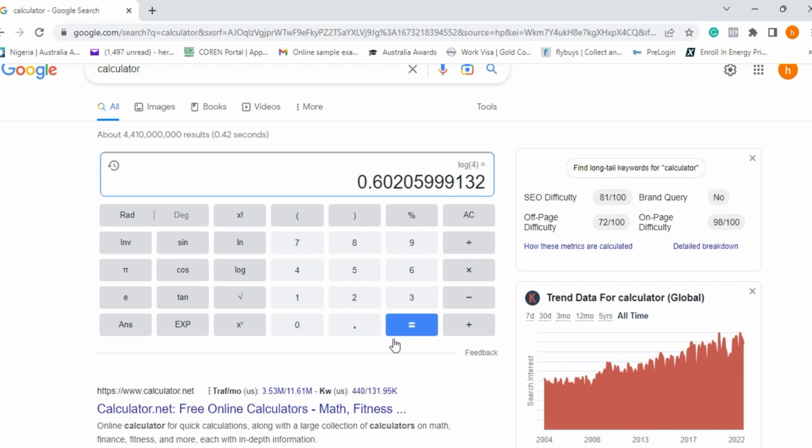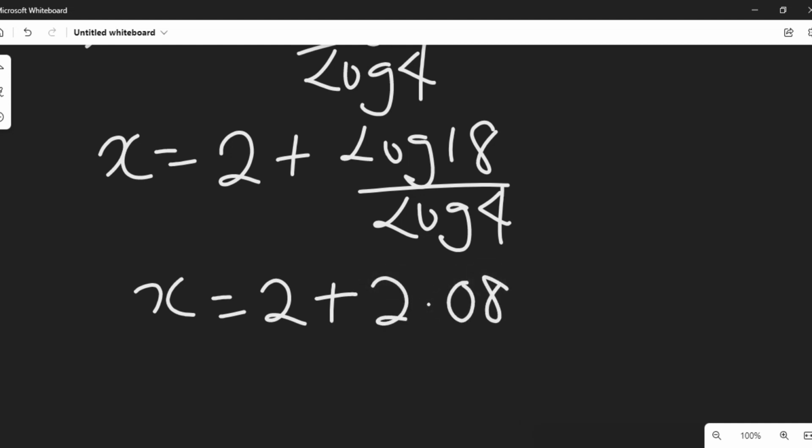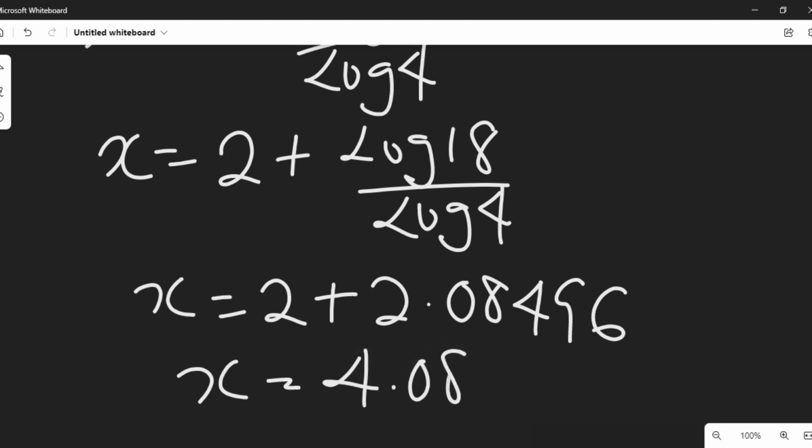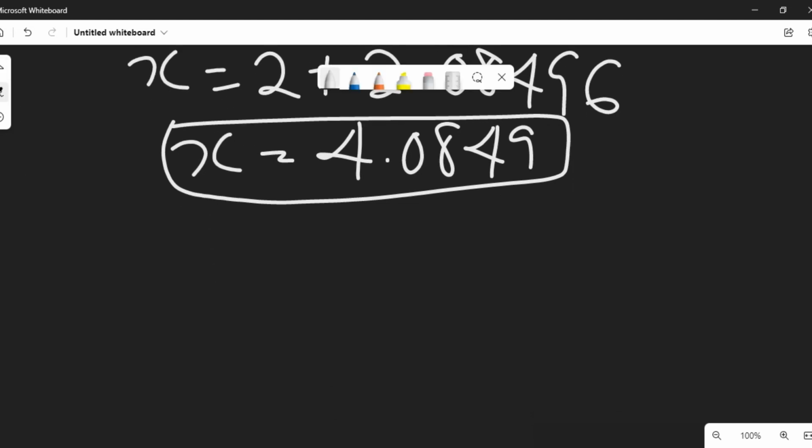If we divide those two values, we are going to have x equal to 2 plus 2.08496. So our x will be equal to 4.0849. That's the value of x for that exponential equation given.